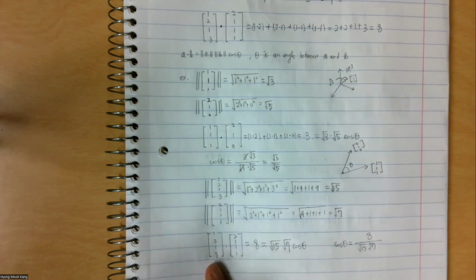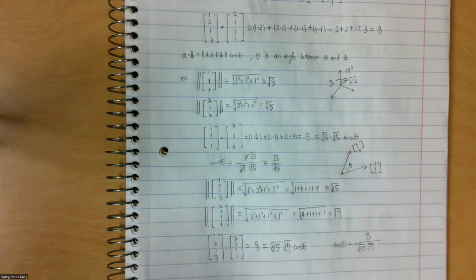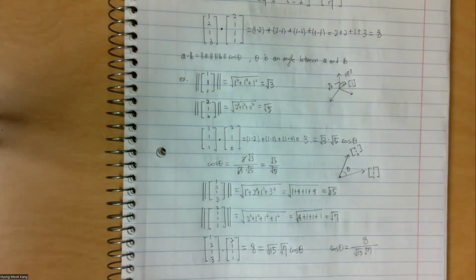Of course, these two vectors are in R4. There's no way we can draw it like this. But one thing for sure is that we can definitely define length, and we can find angle. Technically these are 4-dimensional vectors, and we're finding angles.